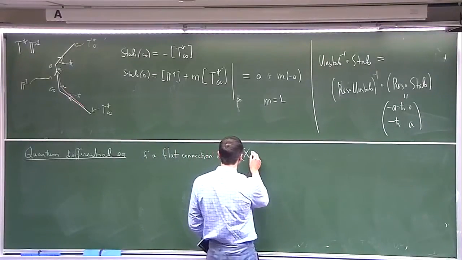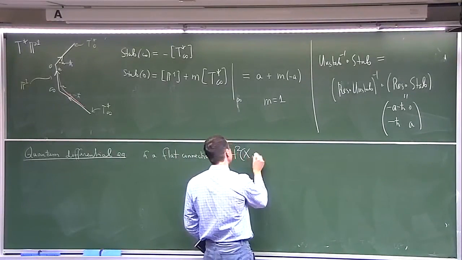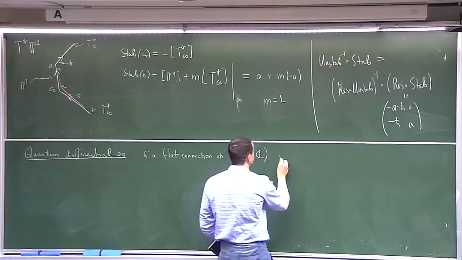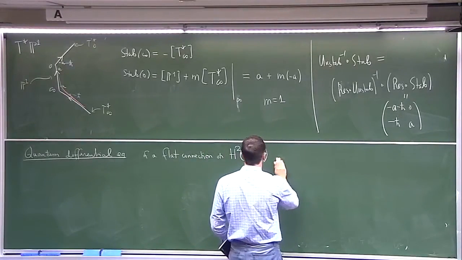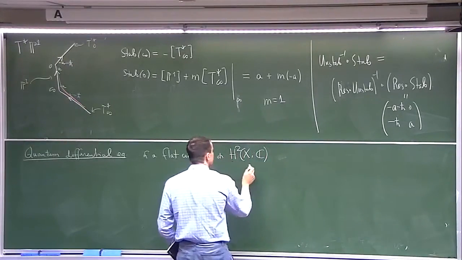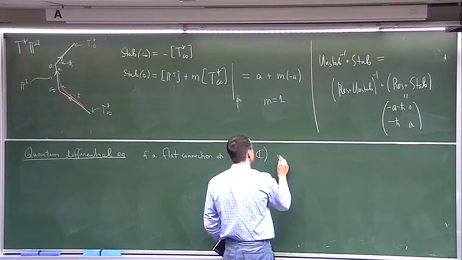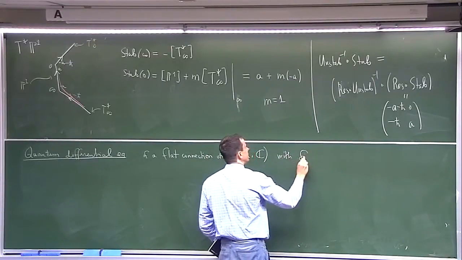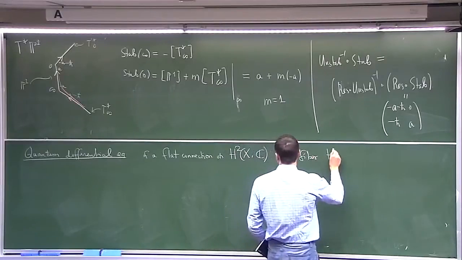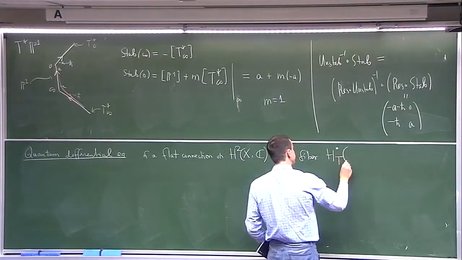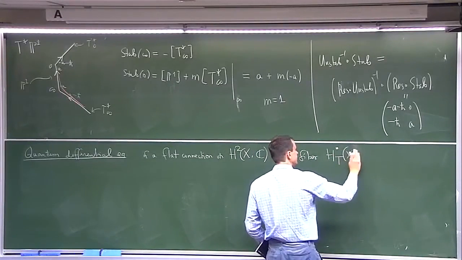So on H2, the coefficients don't matter, maybe C. On a trivial bundle with this base, with fiber the big rank homology of X. Let's also take it over C.